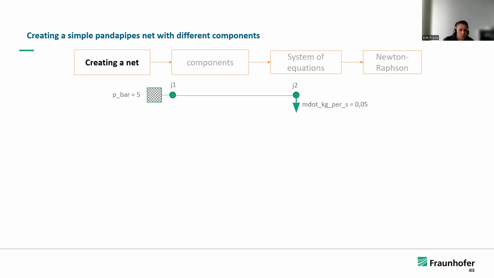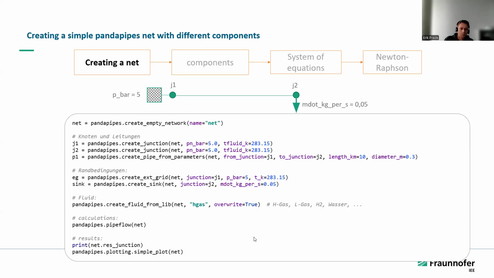Okay, now an overview of how you can actually create a net in pandapipes. Here we have a simple example with just one pipe and two junctions. Basically the first step would be to just create an empty network, which is basically the container for all elements and components you add to this grid. Then you add your junctions and pipes.